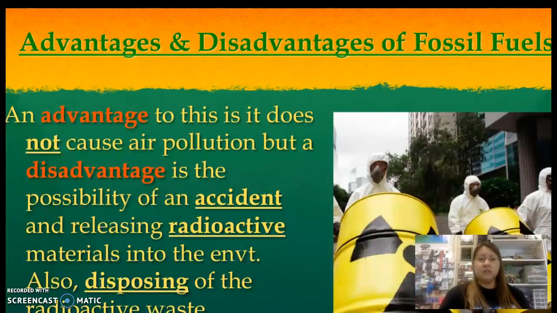So an advantage is that nuclear power is not going to contribute a lot of air pollution, and it does not necessarily contribute to climate change since it's not releasing a lot of that rampant carbon dioxide. However, if you have a nuclear power meltdown, an accident, then it can cause radioactive material to be spilled into the environment, which is what the abbreviation is right there.